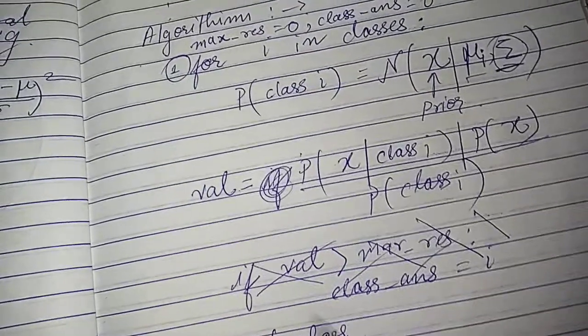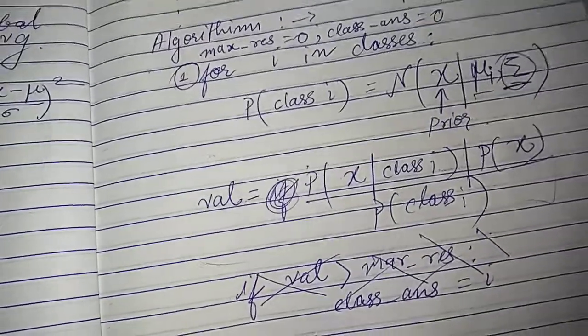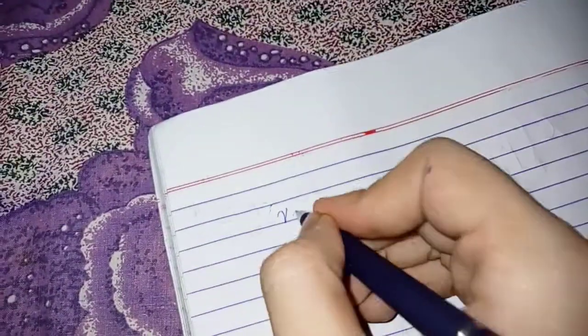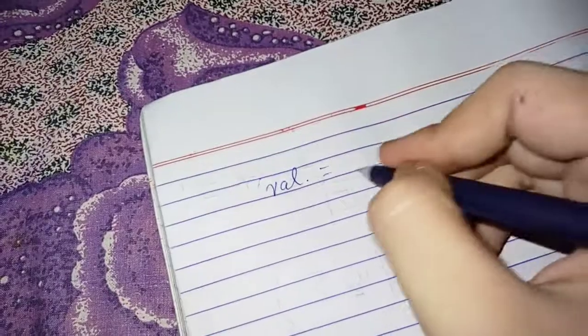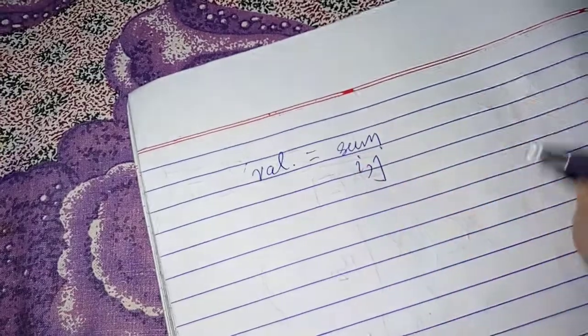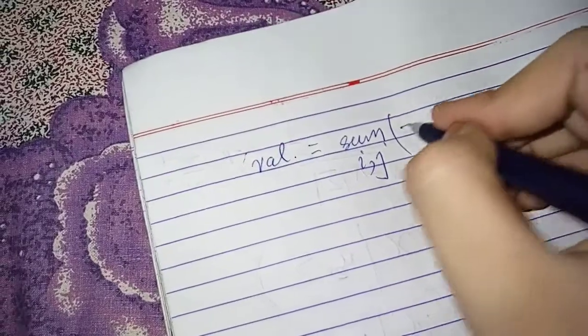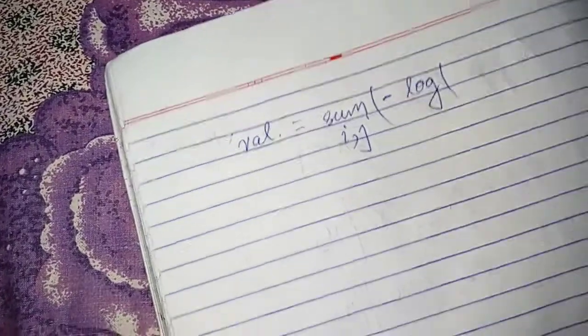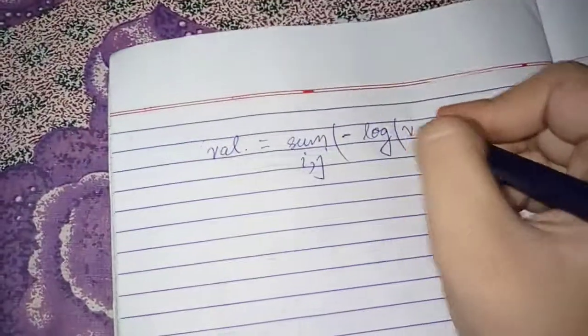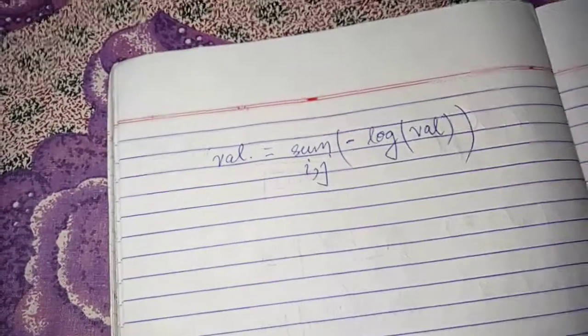Now when you have got the result of this, it is basically going to be a multi-dimensional matrix, and what you need to do is find the summation along all the rows and columns of the negative log likelihood of this val that you have computed here. Okay, now you computed this.